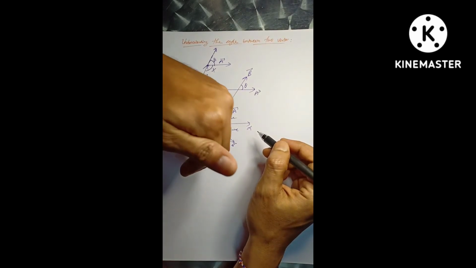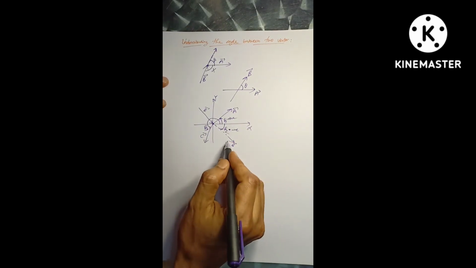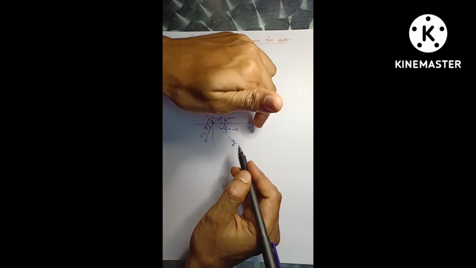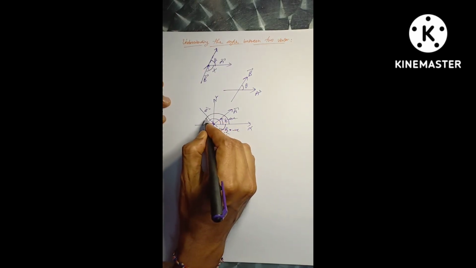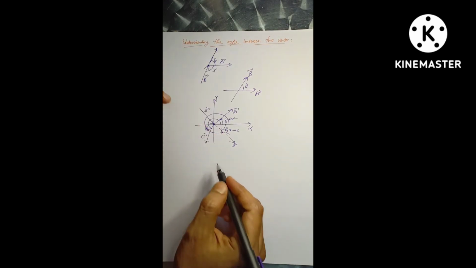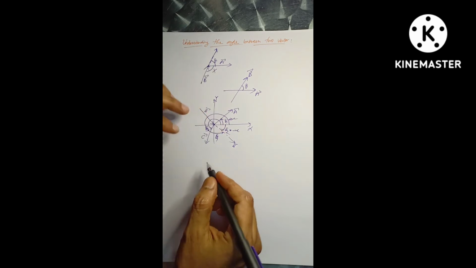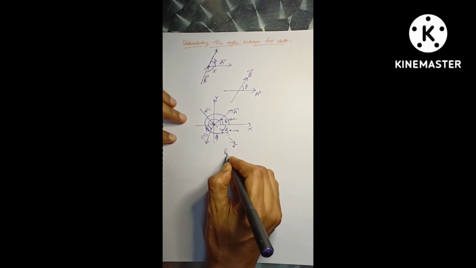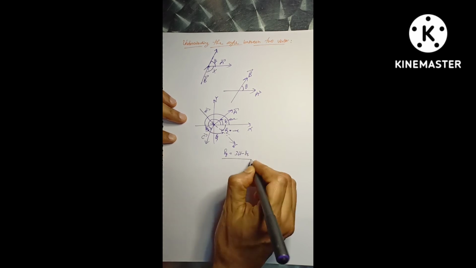So the positive angle we can redraw as the angle with respect to the positive x-axis made by B. In this case, we select the anti-clockwise direction. Then suppose this is theta 4, the total angle, and we can write theta 2 equal to 360 minus theta 4.